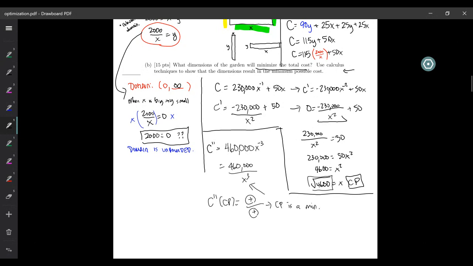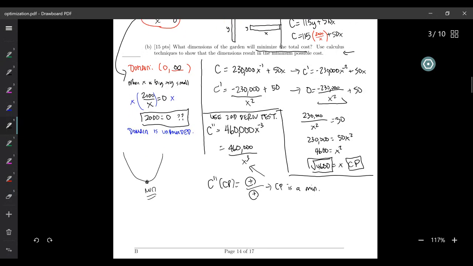So that means that we have a critical point that happens to also be a point where the graph of the function is concave up, which would give us a minimum value.